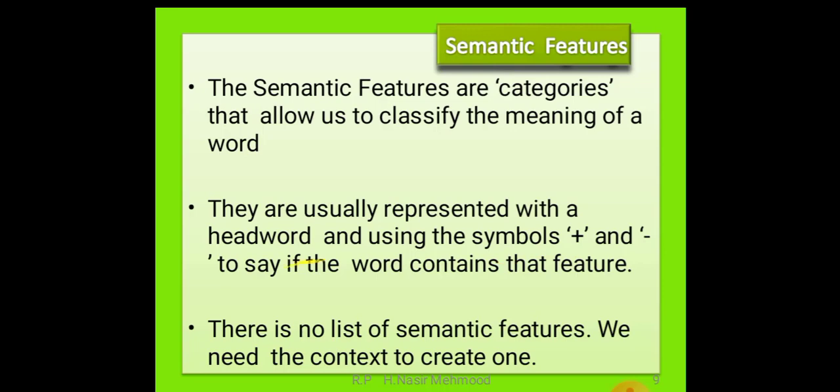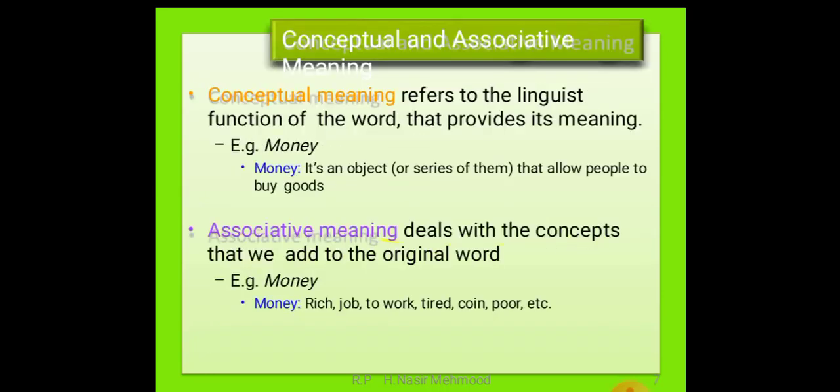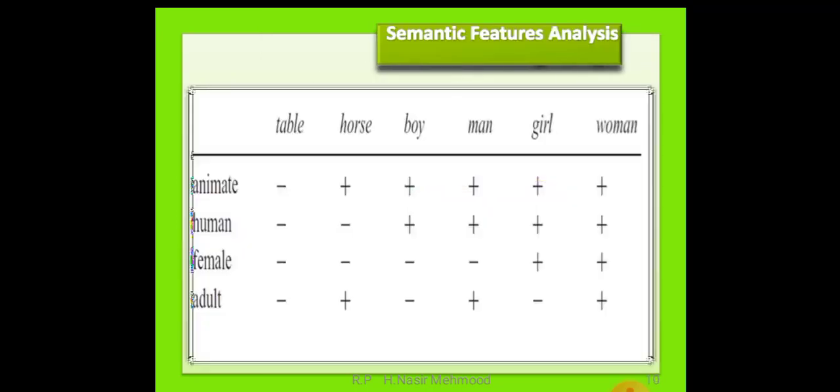Here is a list of semantic features: animate, human, female, adult. Under this list of semantic features, we would conduct a semantic feature analysis of different lexemes of a language.